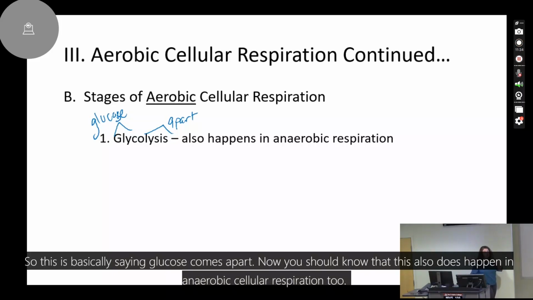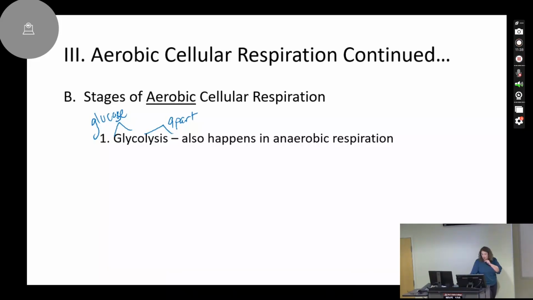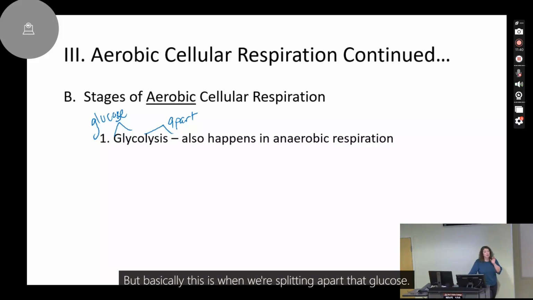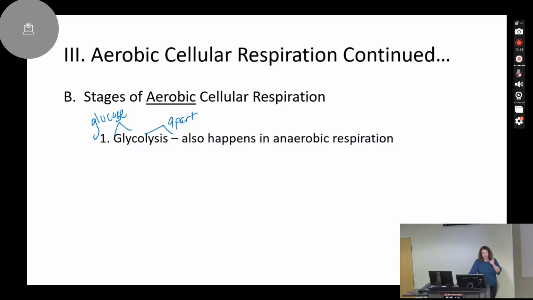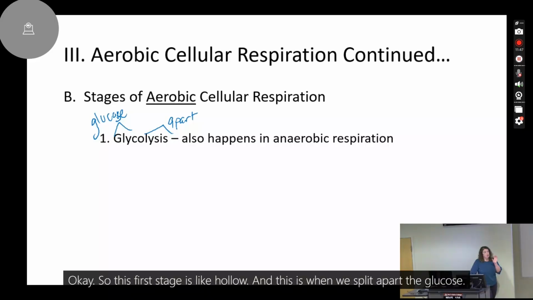Now, you should know that this also happens in anaerobic cellular respiration too, but basically this is when we're splitting apart that glucose. So this first stage is glycolysis, and this is when we split apart the glucose.